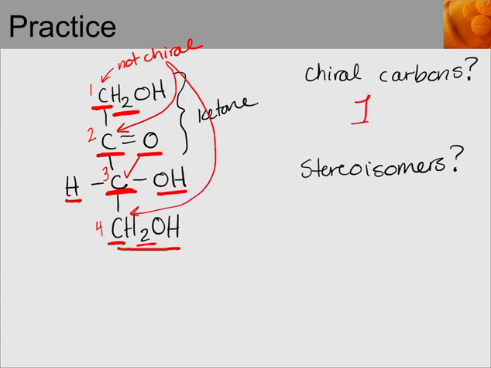Okay, so we only have 1 chiral carbon, so let's plug that into our equation for figuring out how many stereoisomers we have. So that was 2 to the n, so we'll plug in 1 for our 1 chiral carbon. So that means we have 2 stereoisomers, also called enantiomers.